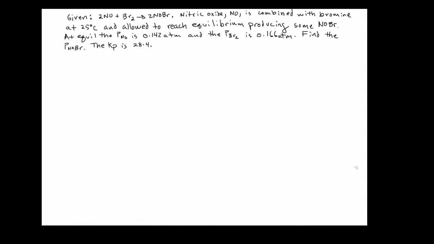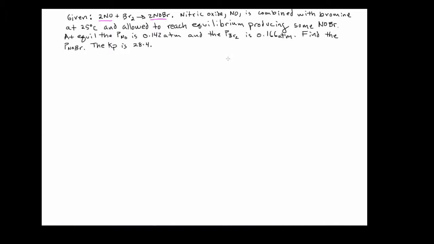So we're given the following chemical equation where we have two NOs that react with bromine to produce two NOBr. And the question is stated the following way. Nitric oxide, which is NO, is combined with bromine at 25 degrees centigrade and allowed to reach equilibrium, producing some NOBr.